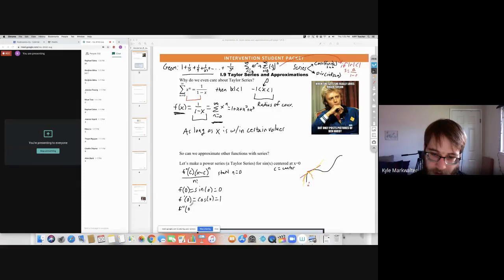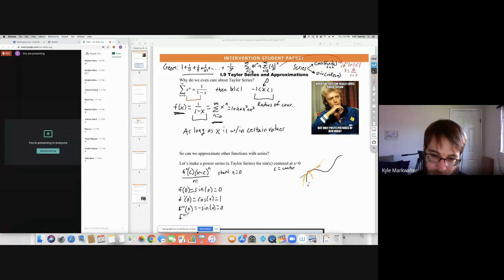Then I need the first derivative of my function at 0. The derivative of sine is cosine. Plug in 0. The cosine of 0 is 1. Then I take my second derivative at 0. The derivative of cosine is negative sine, and negative sine of 0 is 0.